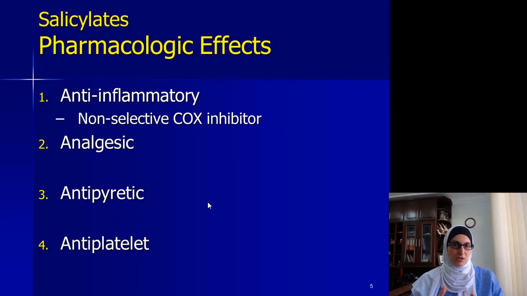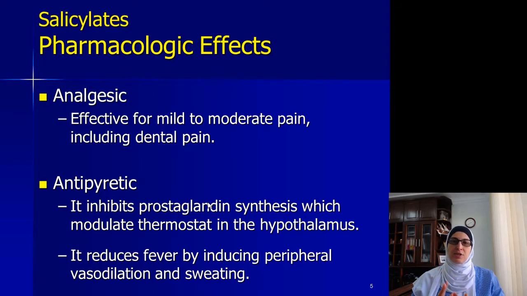Unfortunately, it also blocks COX-1, which is effective for protecting the stomach and the kidney, but we will lose this as well. And this explains the side effects of the medication. The analgesic effect is usually useful for mild to moderate pain.